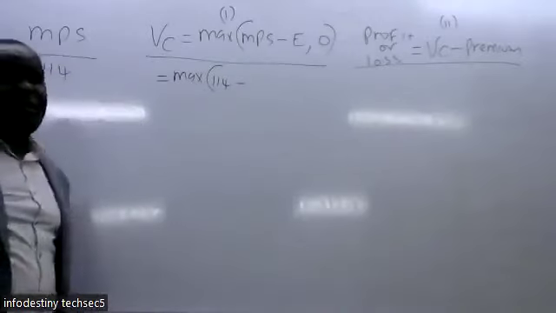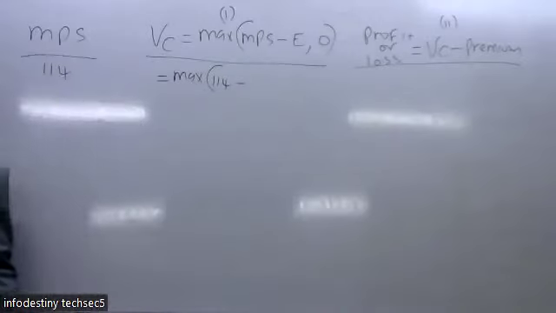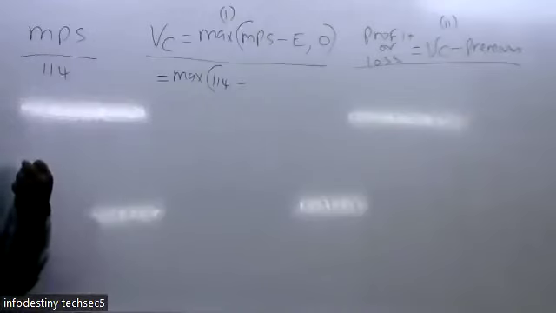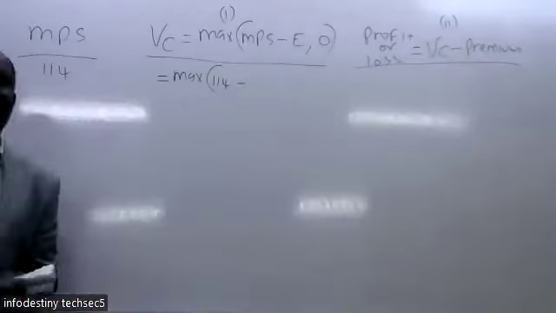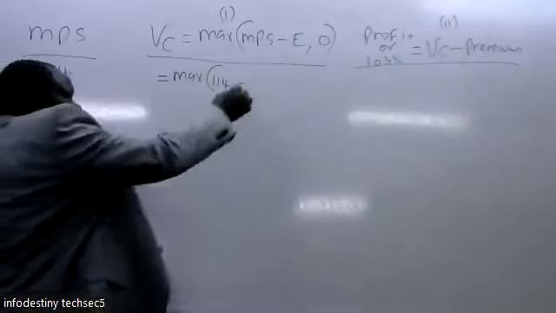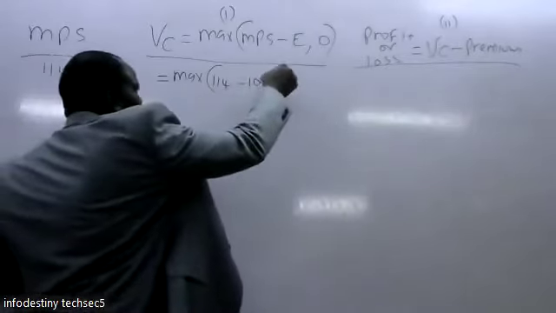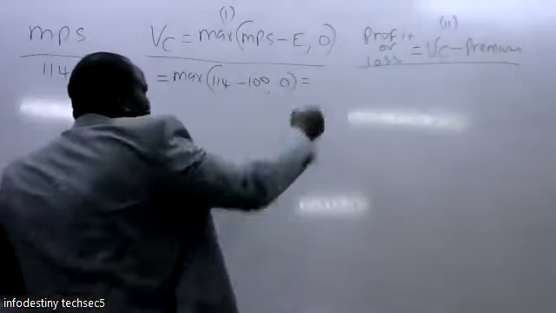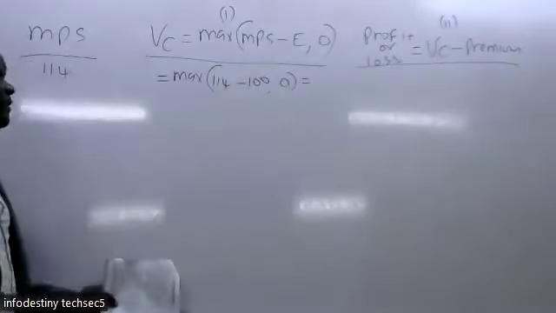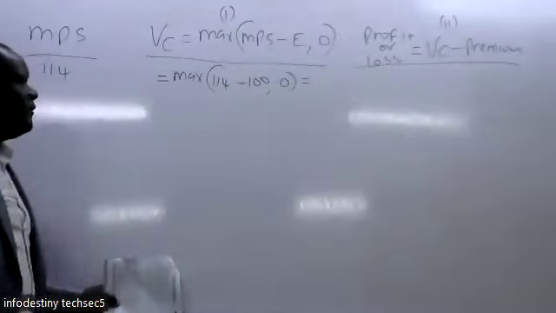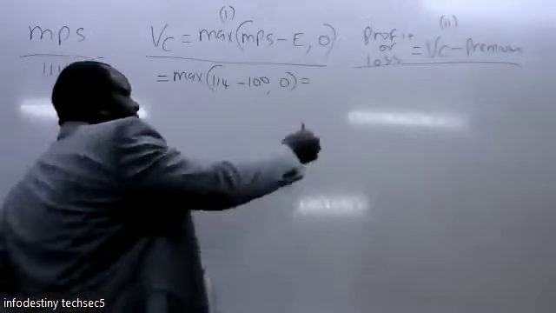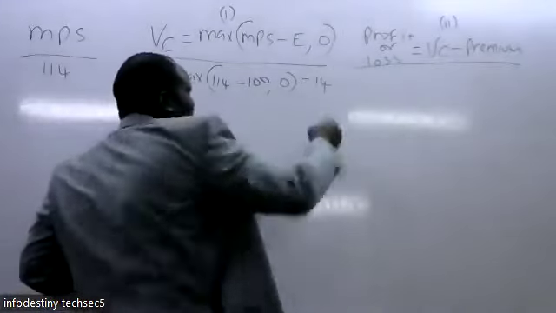Confirm in the question the exercise price. Are you able to see our exercise price? How much is it in the first paragraph? 100. So this one is 100, then a 0. So when you take 114 minus 100, it will give us which here? So it will give you 14.